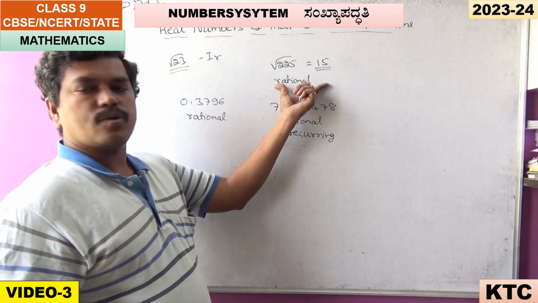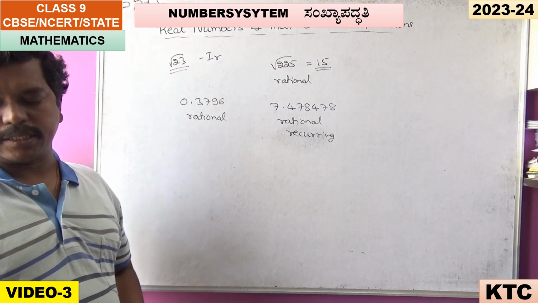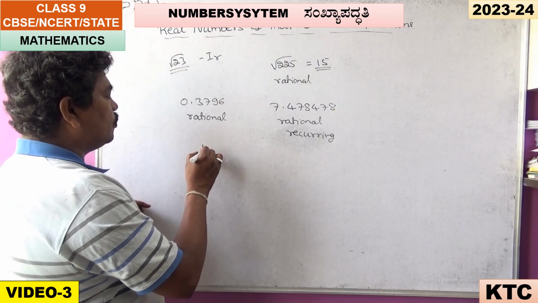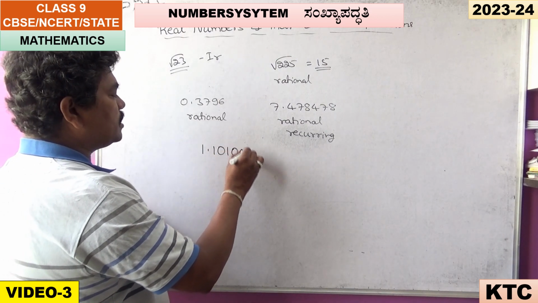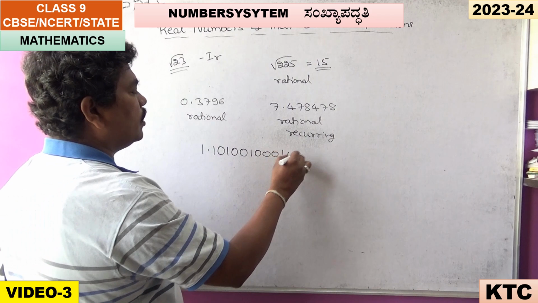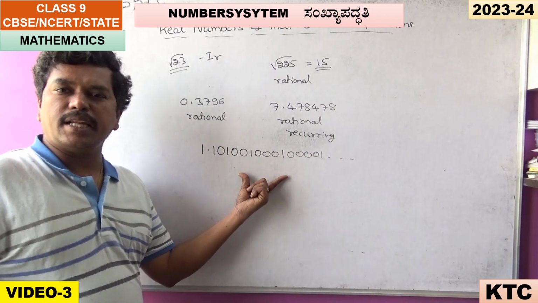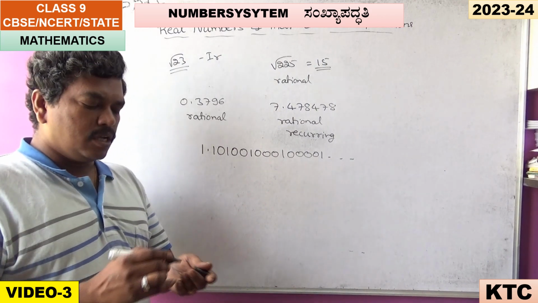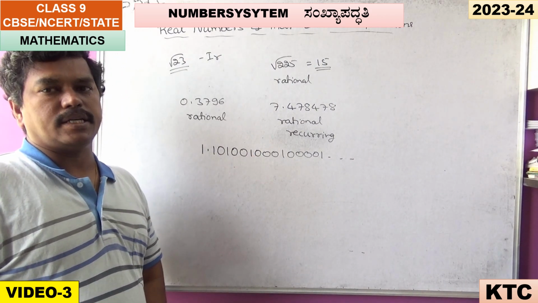This is a square root where we have to get 15 as the answer, but this is an irrational number. And also they have given 1.10100140 and so on. This is an irrational number because there is no terminating, no recurring, so we call this the irrational expansion.